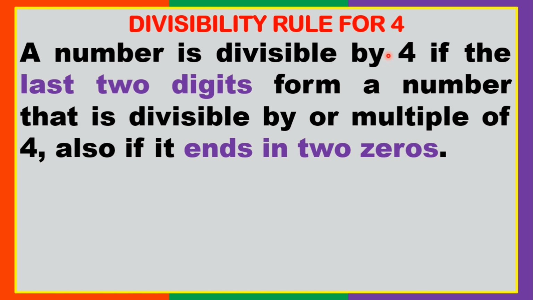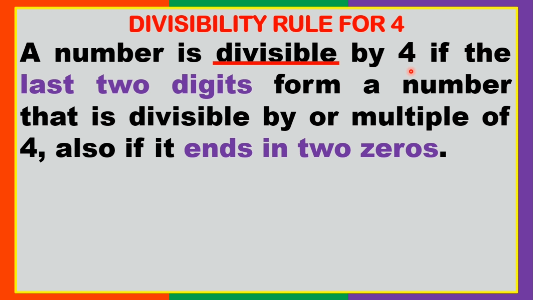Any number is divisible by 4 if the last two digits form a number that is divisible by or multiple of 4. Also, if it ends in two zeros. By the way, did you still remember the word divisible? Any number that can be divided without remainder, that is divisible.